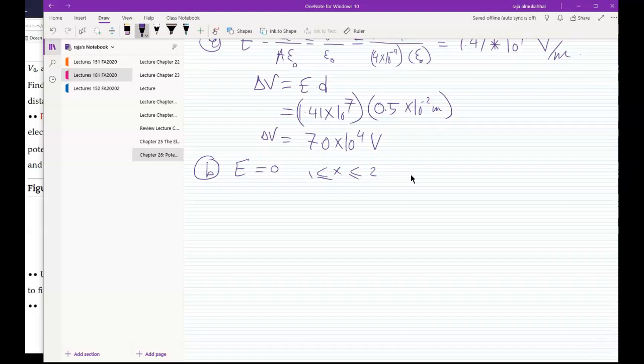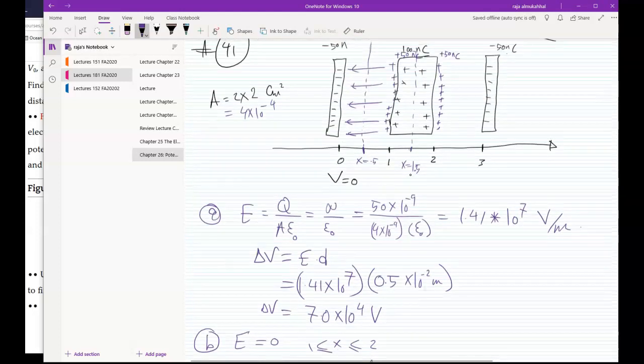But if I want to get the voltage at the surface, we have V equals x E. So what is the electric field at the surface?